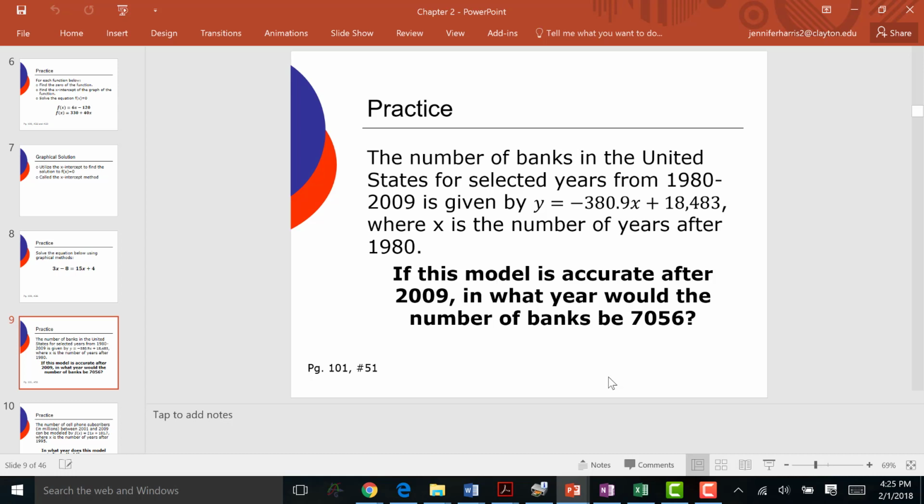Alrighty. What did they give you in the question? Okay, so they also gave you a Y value equaling what? So we're going to say they gave you a Y value equaling 7,056 banks. All right, so this is all you got.